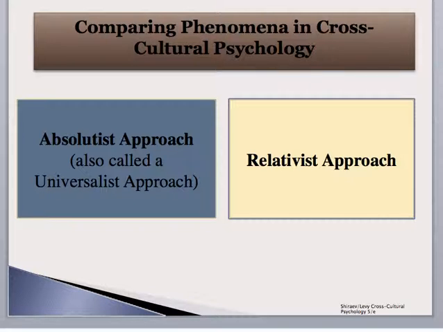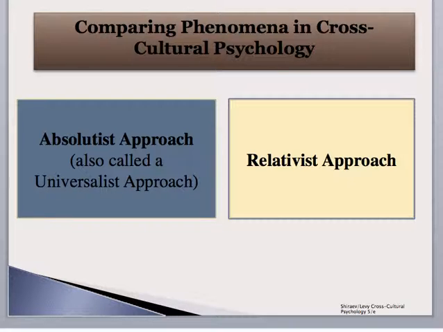Honesty is honesty, sexual abuse is abuse, depression is depression, no matter where, when, or how the researcher studies these and other psychological phenomena. Within this approach, oftentimes there is a tendency to use the standards of one group as the norms when viewing other groups, so something to consider.